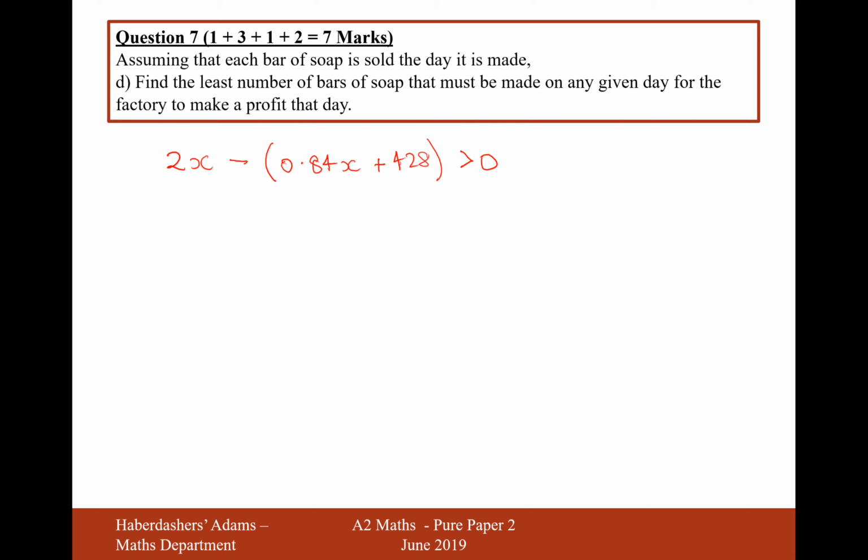So let's work out what x needs to be to make a profit. If we expand these brackets, it's going to be 2x minus 0.84x minus 428 greater than 0. Move that 428 onto the other side, and 2x minus 0.84x, 2 minus 0.84, is 1.16.